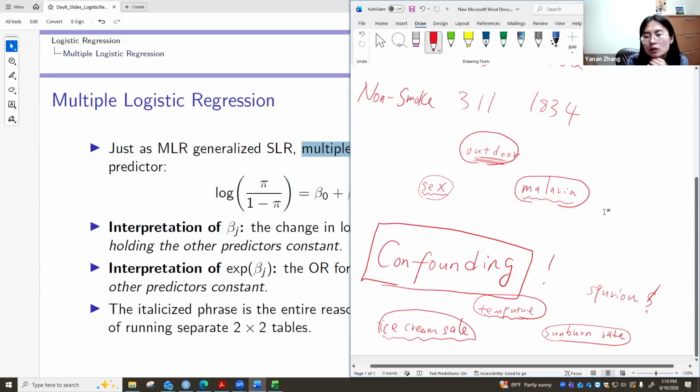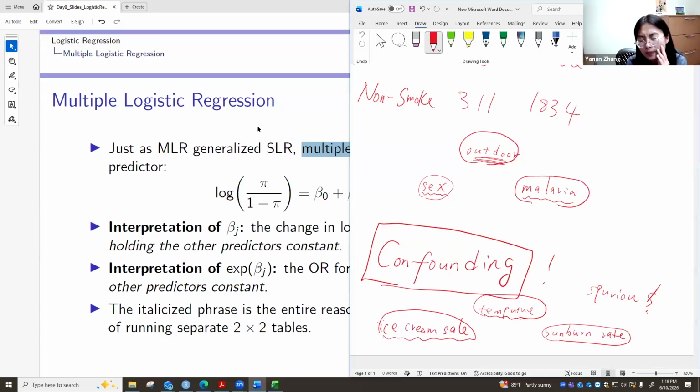All right, so why can multiple logistic regression deal with confounders? Before we talk about that, let's think about the mosquito example here. How do we remove the confounder due to the outdoor types of work? You may think, what if we only compare the rates of malaria between male and female in people who work indoors?